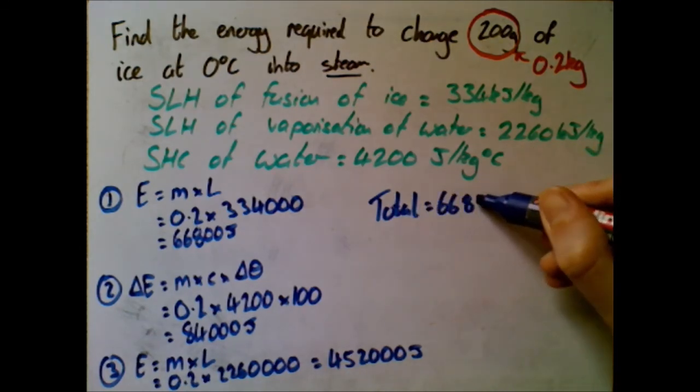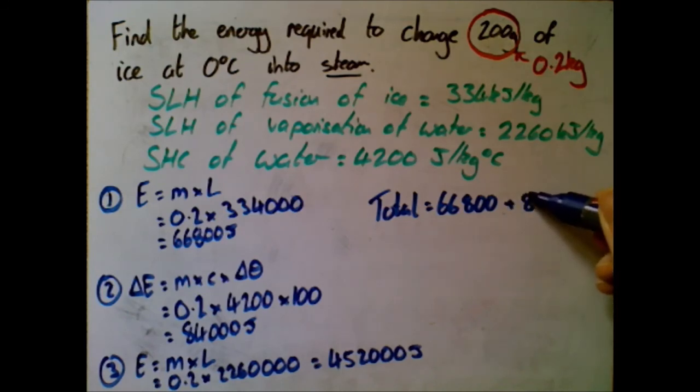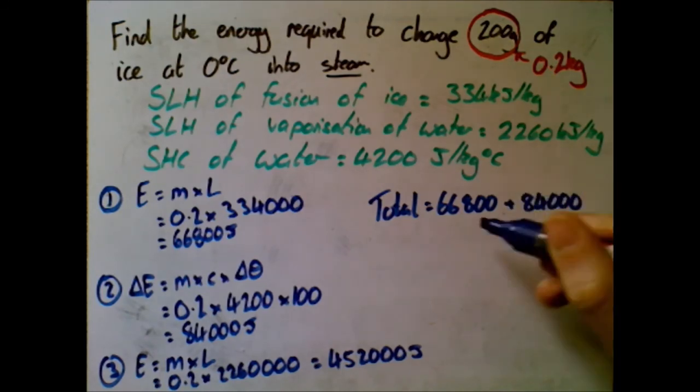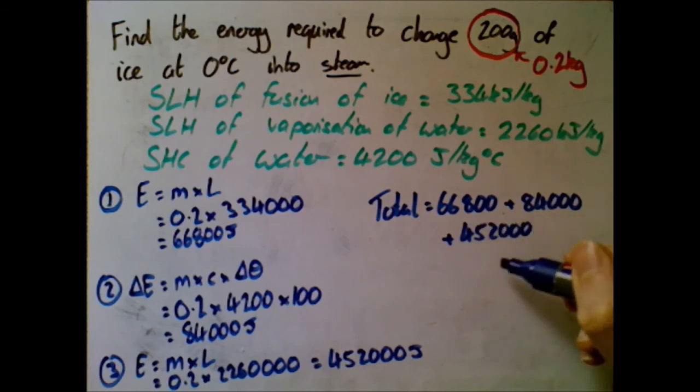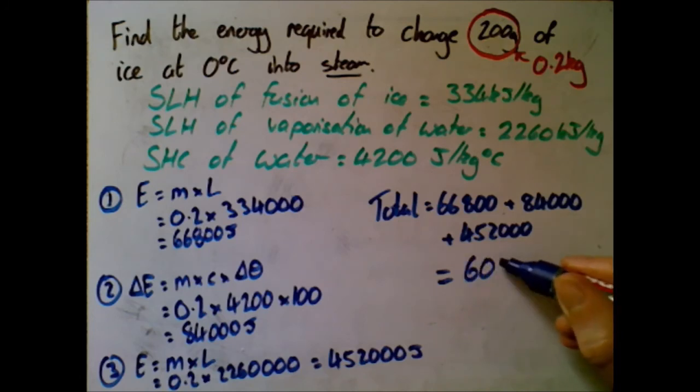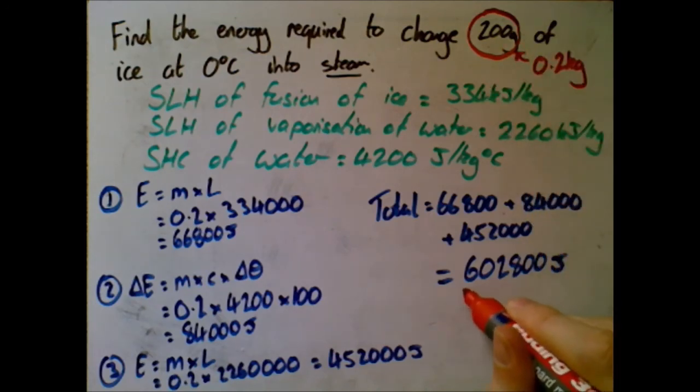So 66,800 plus 84,000 plus 452,000. And it gives me a grand total of 602,800 joules.